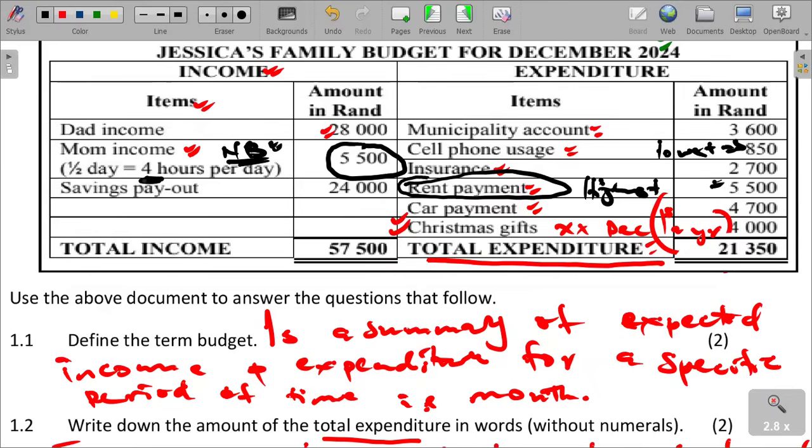So it is 4 hours times 2. For 4 hours she earns 5,500. But if she works for 8 hours, it is double the 4 hours.